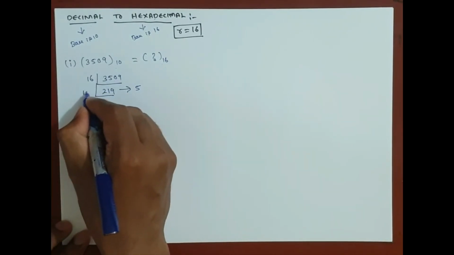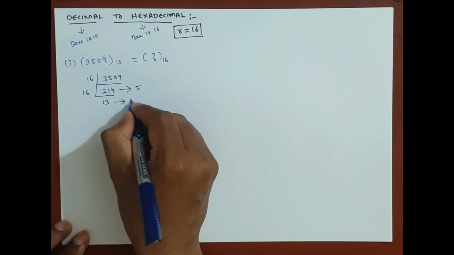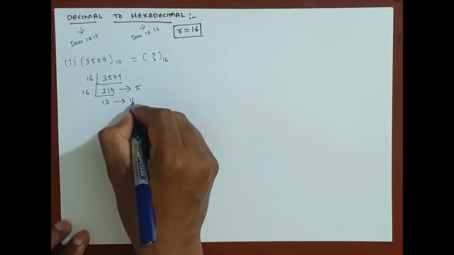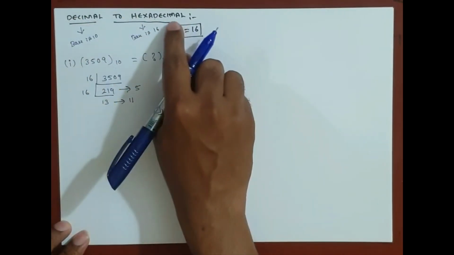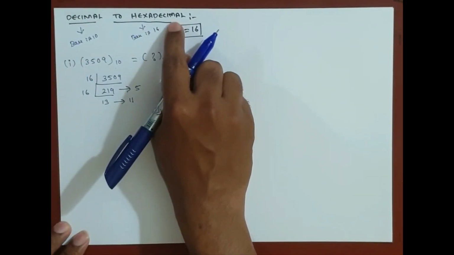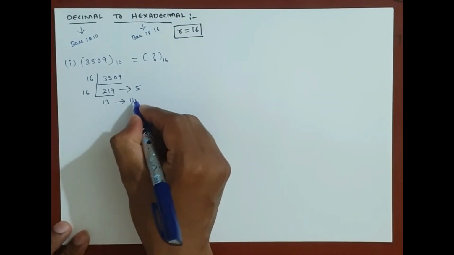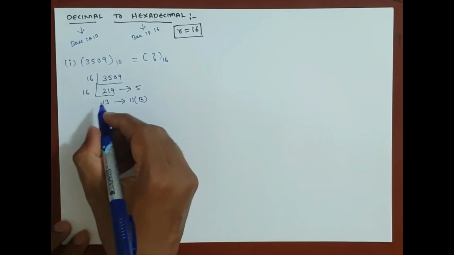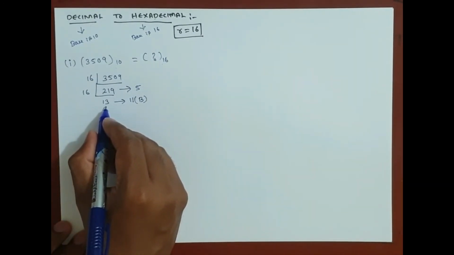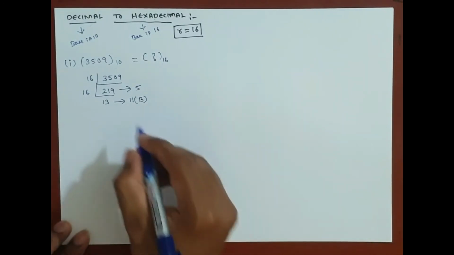Next again divide by 16, the remainder is 11, but we can't use 11 here because we have to convert this number decimal to hexadecimal. Hexadecimal means 0 to F. It means you have to assign 11 as B. So again here 13 is less than 16, so we have to stop the division now.